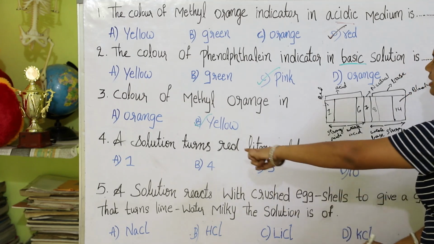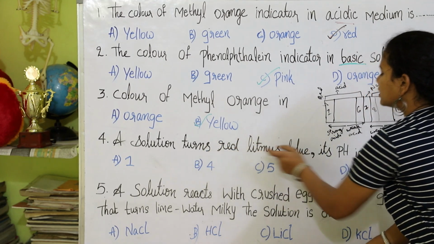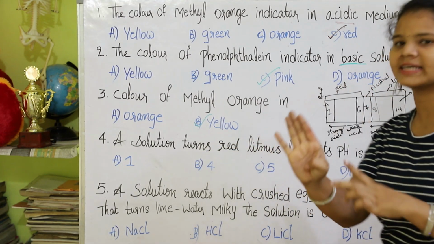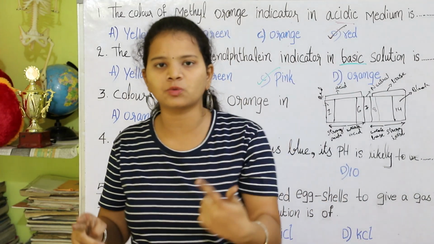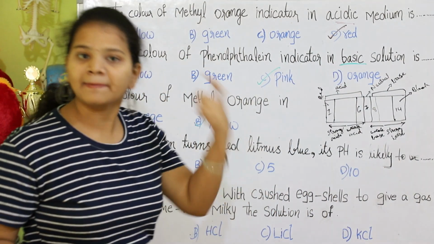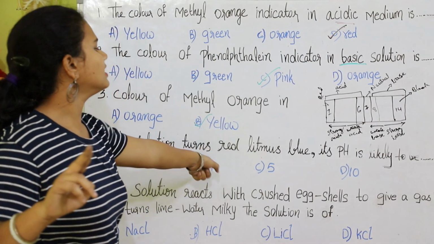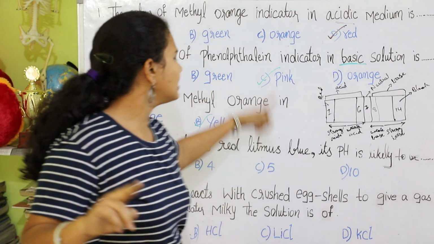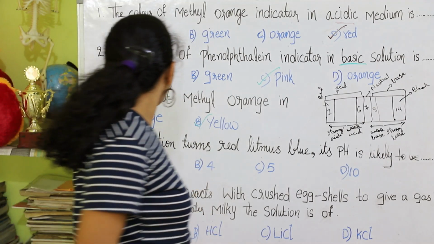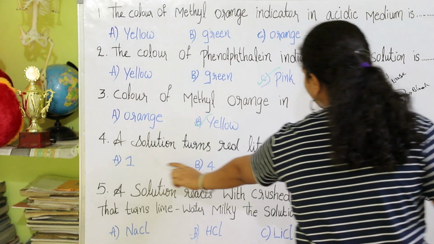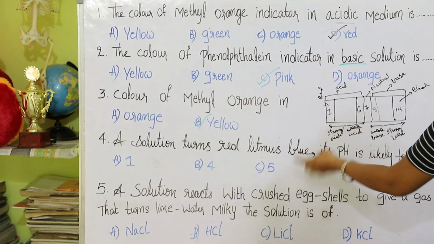Now what will be the answer? Here the solution turns red litmus blue. If red litmus turns into blue, then it definitely comes under basic medium. The options are option A 1, option B 4, option C 5, option D 10.